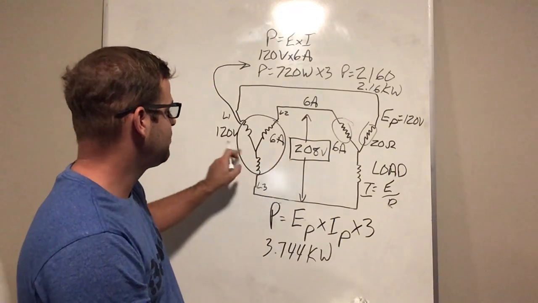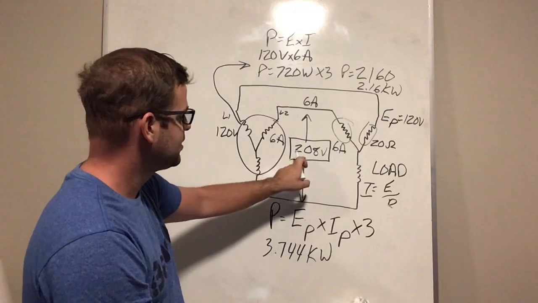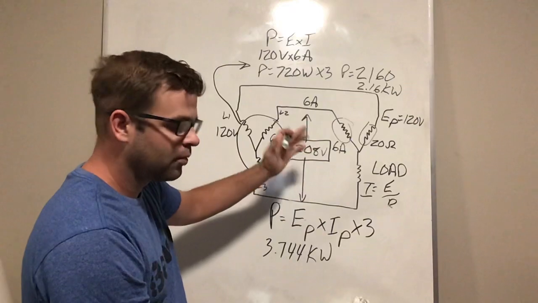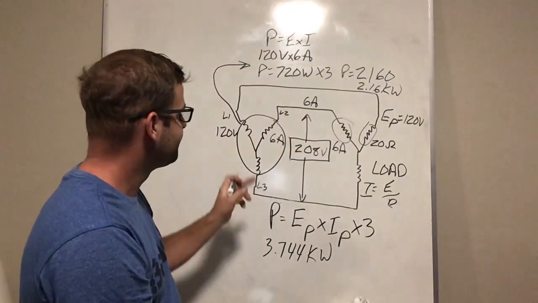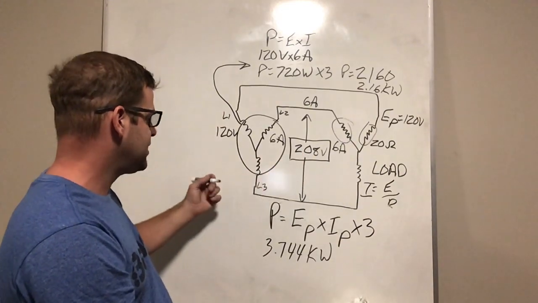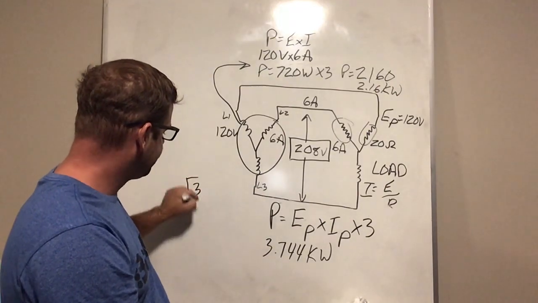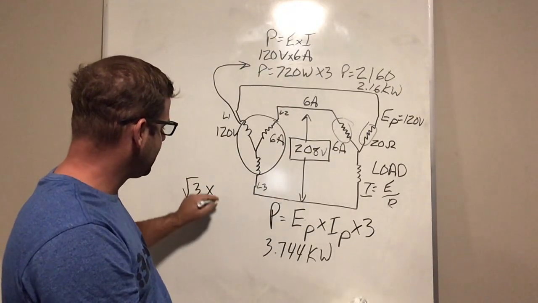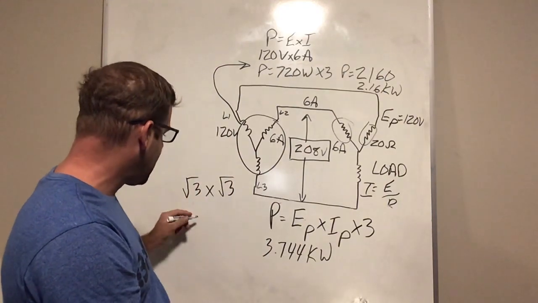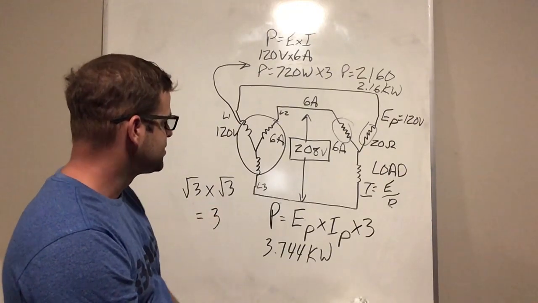If you notice, when we went from our phase values to the line values, we increased this value by root 3 already, or the 1.732 that we were talking about. So this is root 3 larger to start with. If I take root 3 and multiply it by root 3, I get an answer of 3.